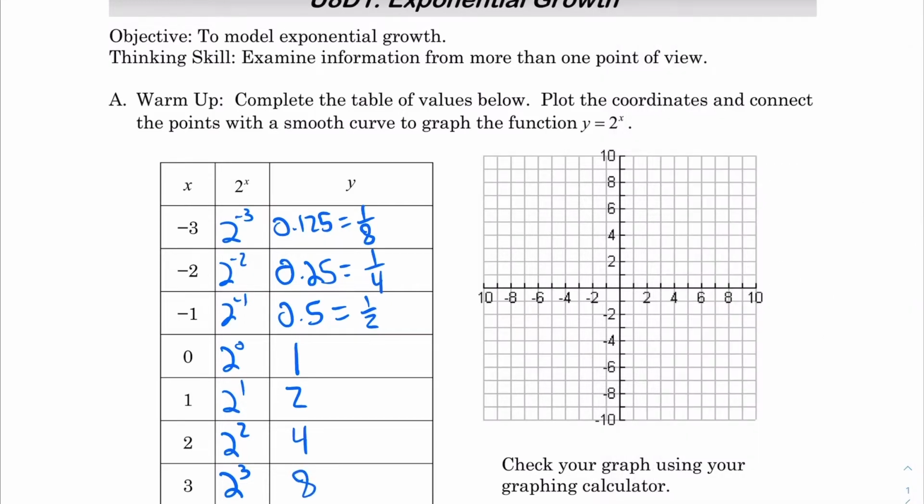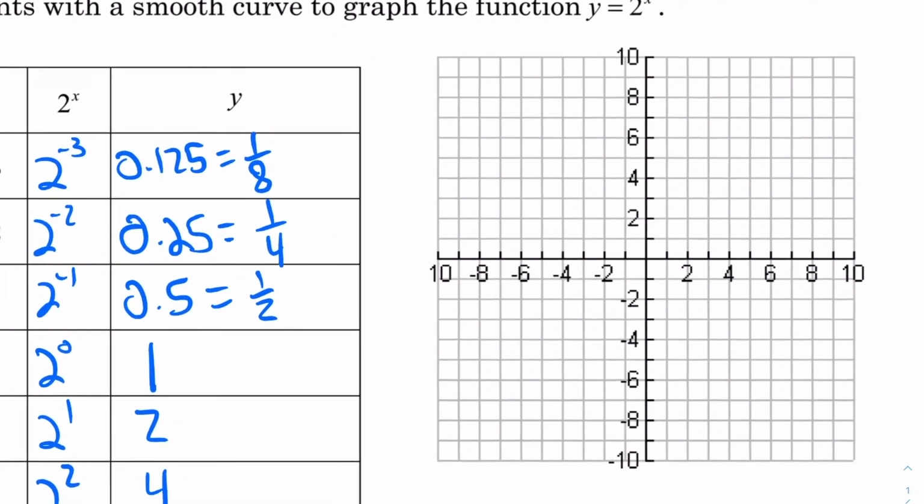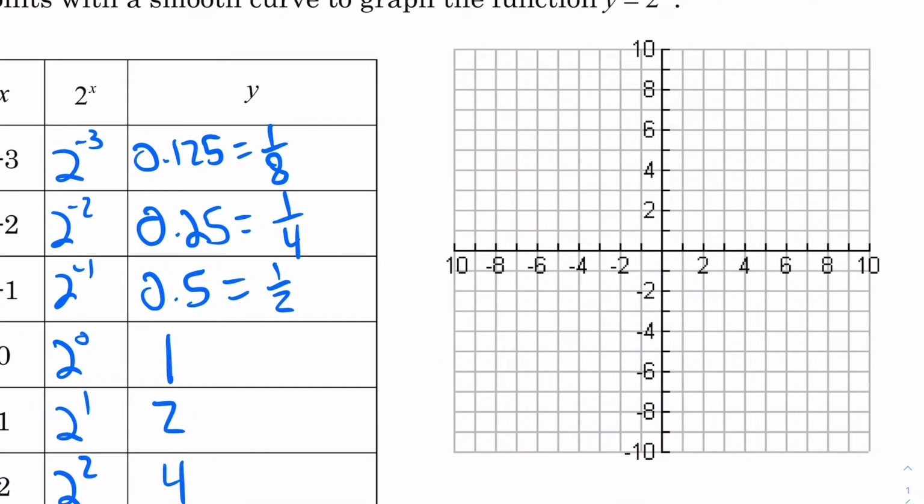With these numbers, we can graph it. Negative 3 goes with 1/8. Negative 2 goes with 1/4. Then a half. Then 1, 2, 4, 8.